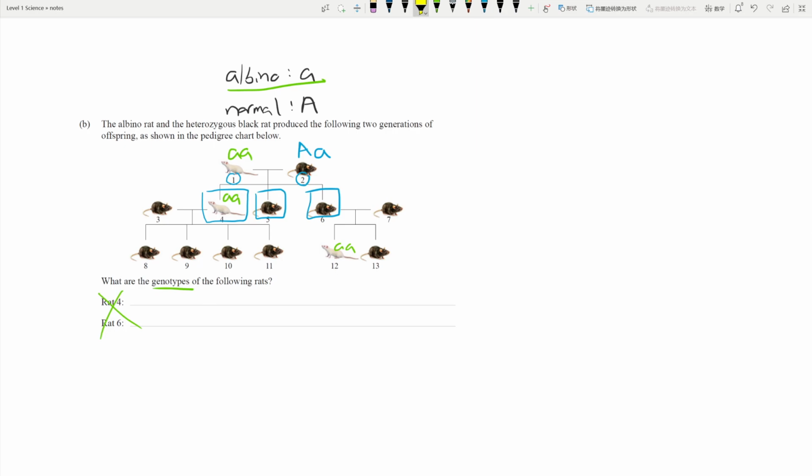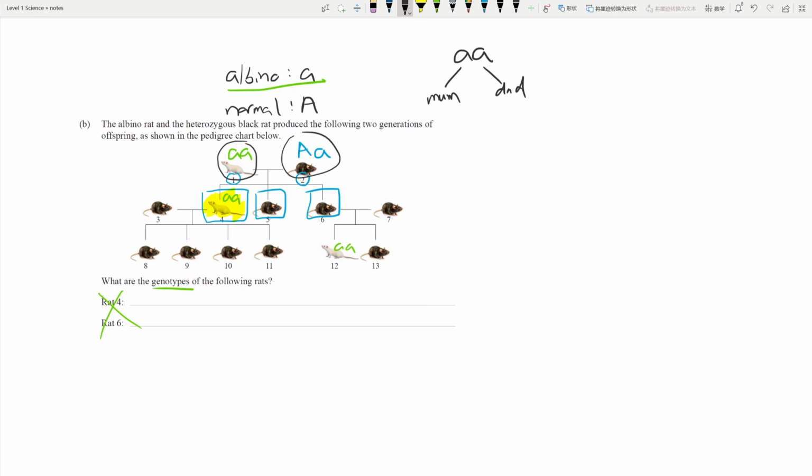Well, the organism of interest is going to be that guy, because these two parents managed to have 3 offspring, and one of them is a small a. The only way you can get a small a is if you got one small a from mom and one small a from dad.